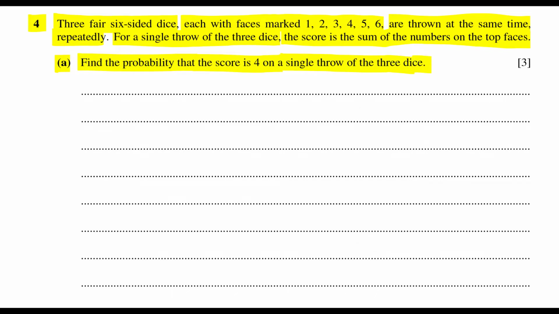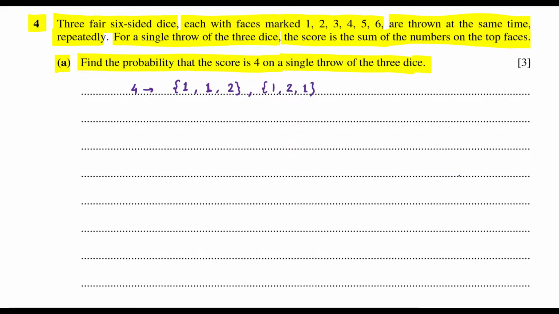So here we need to focus on the sum first. If we require 4, what are the possibilities? In the first it is 1, second it is 1, and third is 2. Or the first one is 1, second one is 2, and third one is 1.